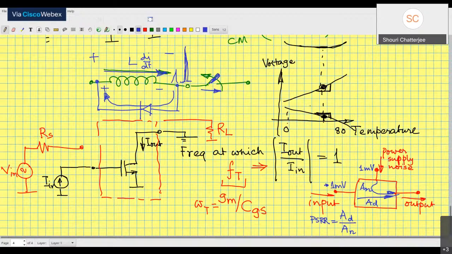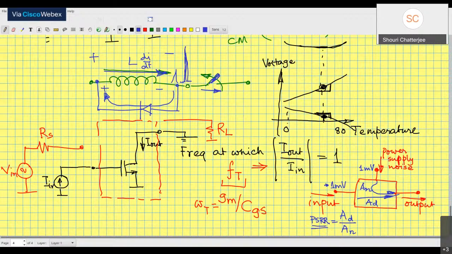If I have two equal signals over here, then at the output I will have AD times 1 millivolt and I will have AN times 1 millivolt of noise. What will be my signal to noise ratio then? In other words, if my power supply noise is 1 millivolt, how low can my input be? My input can be AD by AN lower than 1 millivolt. I will still be able to compete with the noise. Okay, so that is the definition of PSRR.